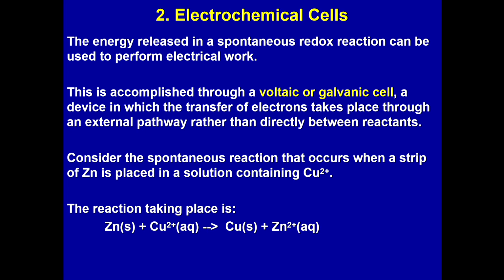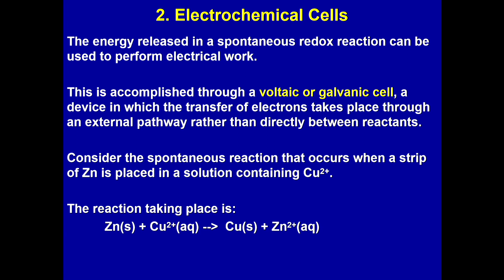We can make the cells, and then we can achieve this conversion. So the energy released in a spontaneous redox reaction can be used to perform electrical work, and this is accomplished through what's called a voltaic or galvanic cell.